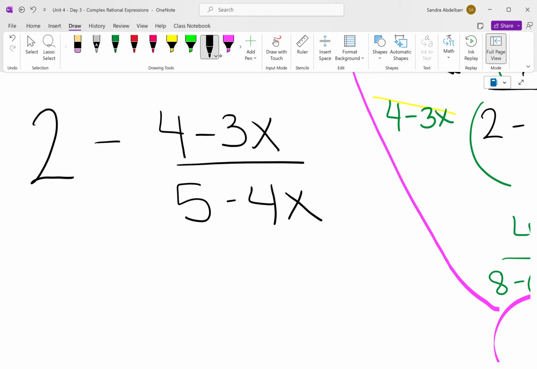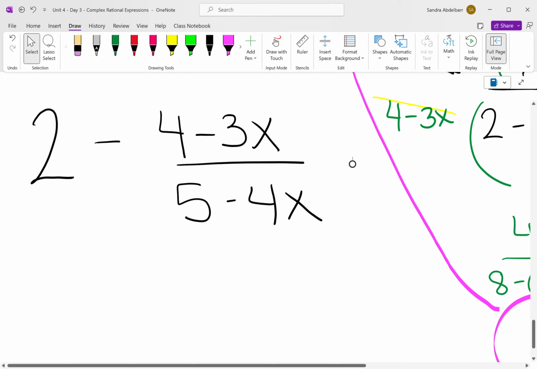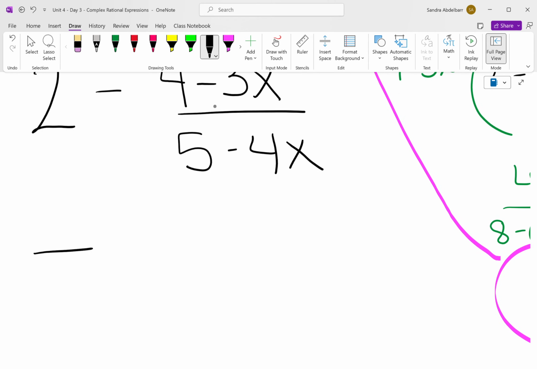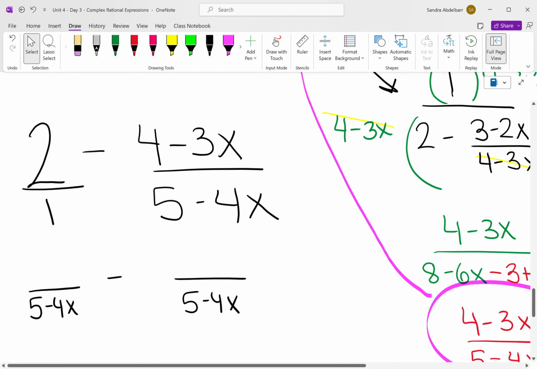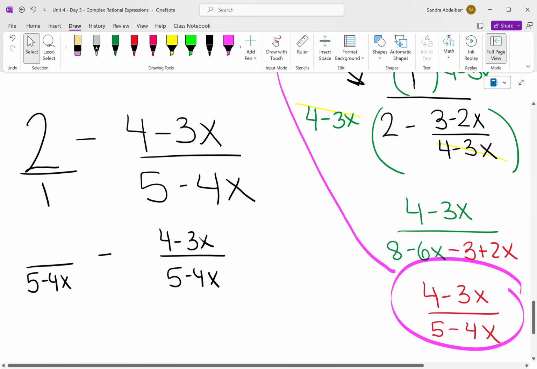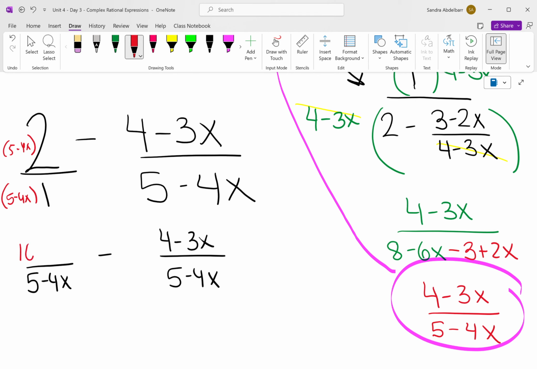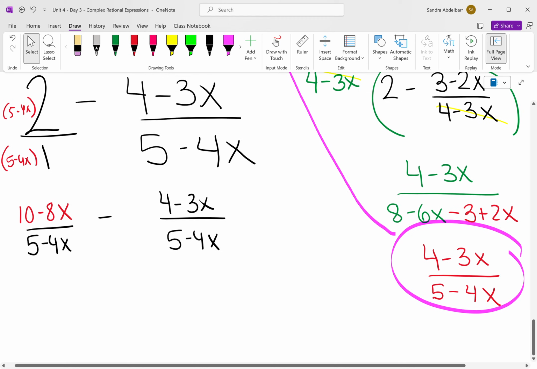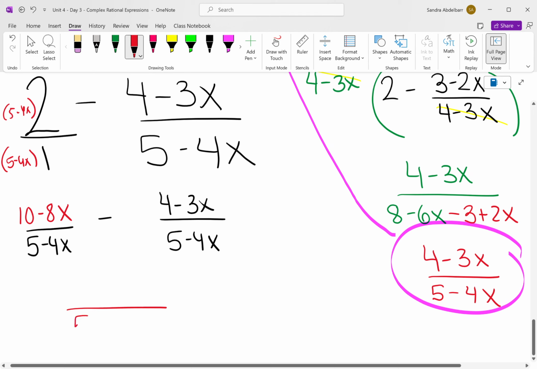So at this point, there's no more stacking. There's no more getting rid of that denominator. Now we have to create a common denominator. Do we all agree that common denominator is 5 minus 4x? So now we're going to have 5 minus 4x minus 5 minus 4x. The second fraction stays the same because it already has that denominator. The first fraction, we're going to multiply top and bottom by 5 minus 4x, which gives us 10 minus 8x over 5 minus 4x.